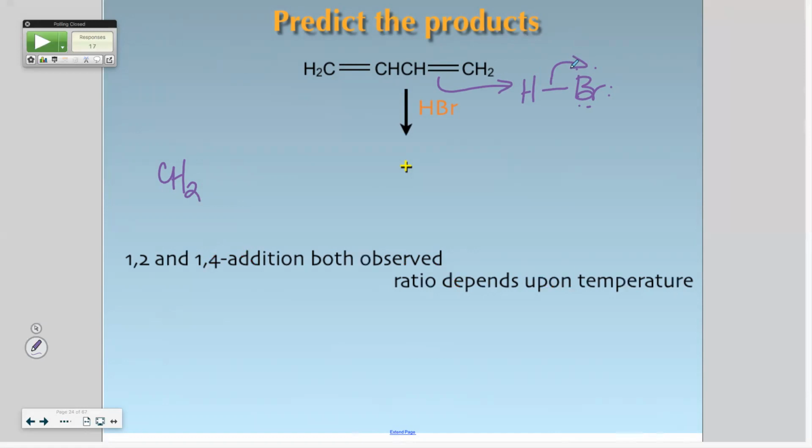What intermediate am I going to get from this? CH2 double bond CH, CH, CH2. So I'm going to add hydrogen here, and I'm going to get this allylic carbocation. Okay, and then I also made bromide, right? Bromide adds to that. What do I get?